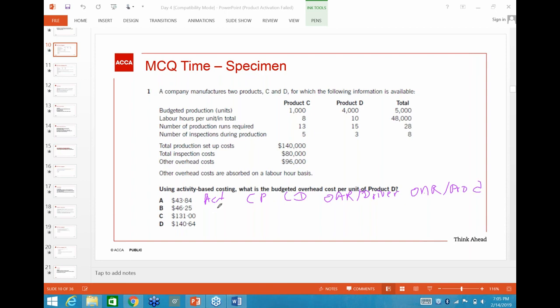So the activities are setup cost, then inspection cost, then other cost: 140,000, 80,000, 96,000.